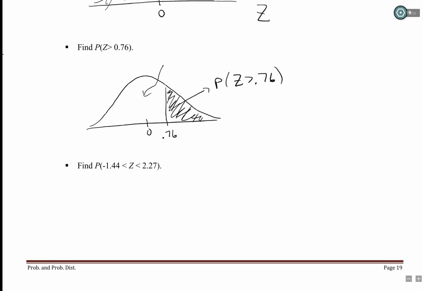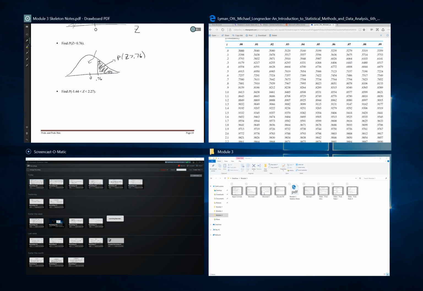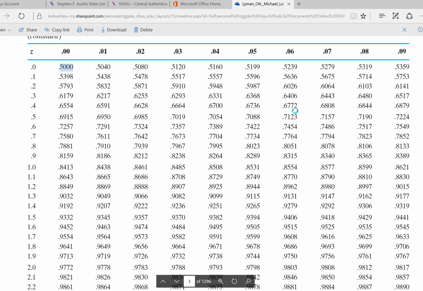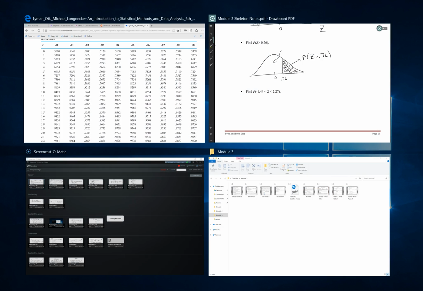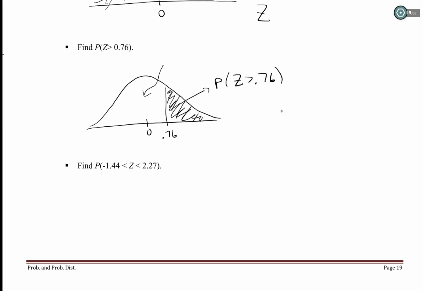So let's use our table here. Go to 0.76, and I'm going to be there. It has a left area of 0.7764. Okay. So coming back to the PDF here, the area under the curve to the left of 0.76 is 0.7764.